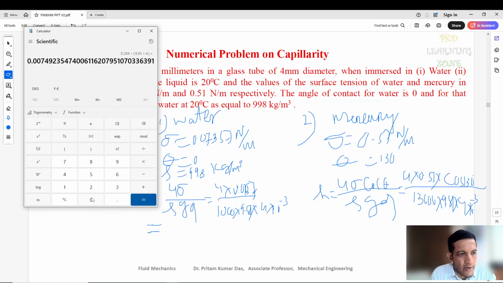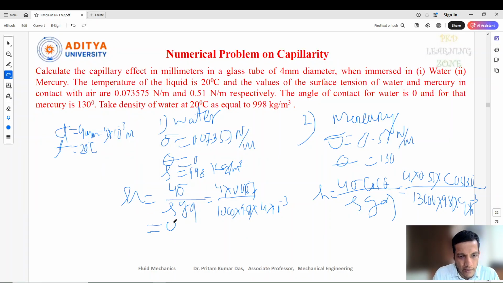So that we can write 7.5 millimeter. So this one we can write 0.0075 meter. Okay, and this one we can write in terms of millimeter, if you want to write that one, we can write 7.5 millimeter.